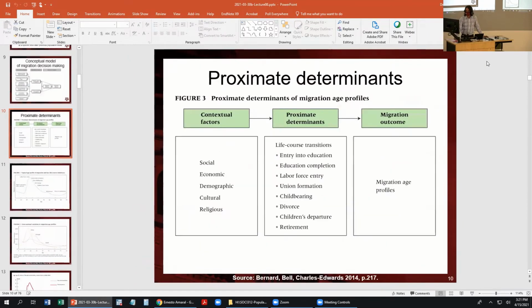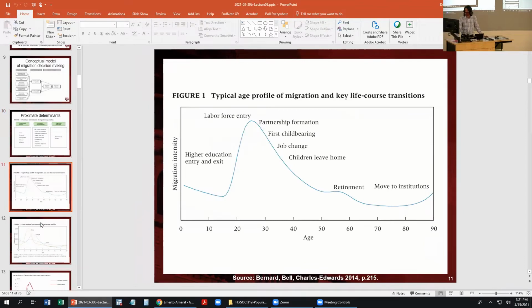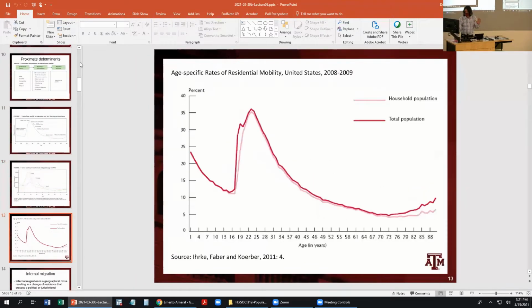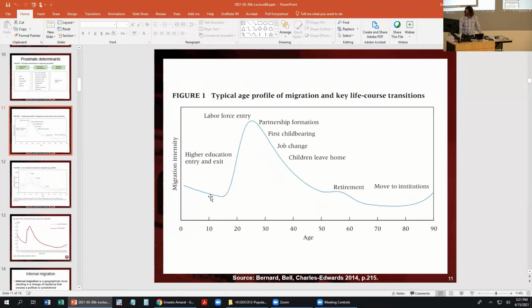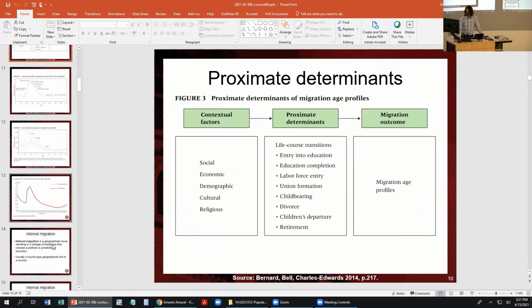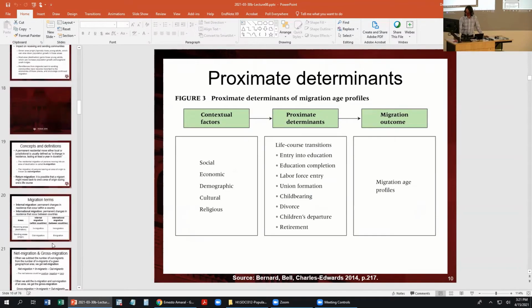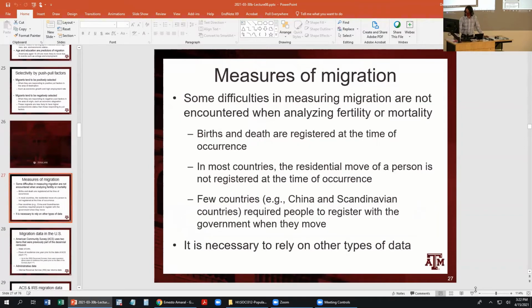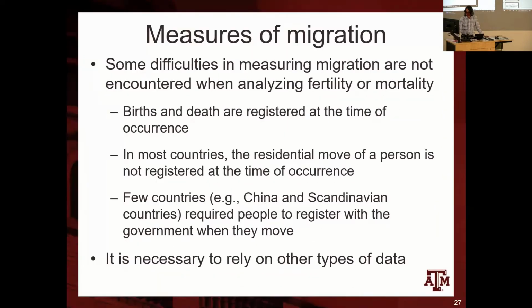When I was talking about the approximate determinants of migration, I just moved the graphs right here to make it easy to understand how those different ways in which migration rates behave by age are associated exactly to these approximate determinants of migration. And I also added a slide on the measures of migration that I will go through in this class today.